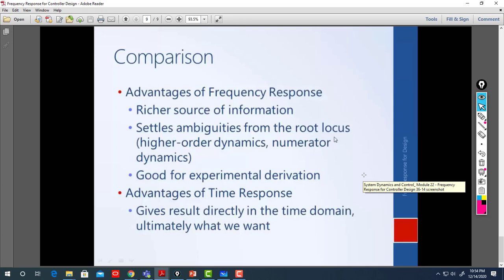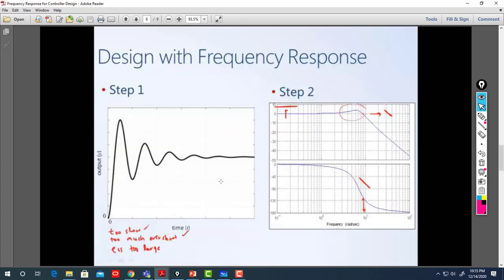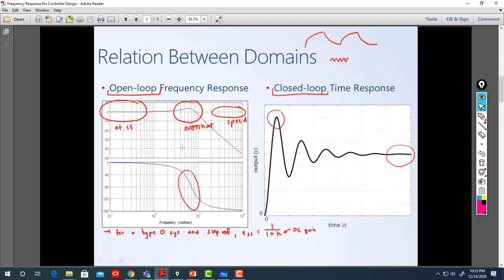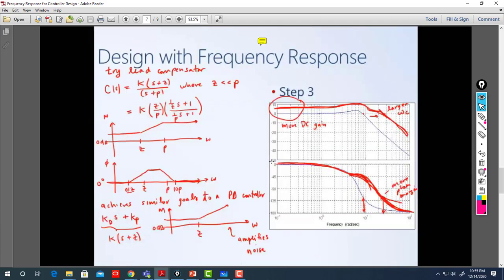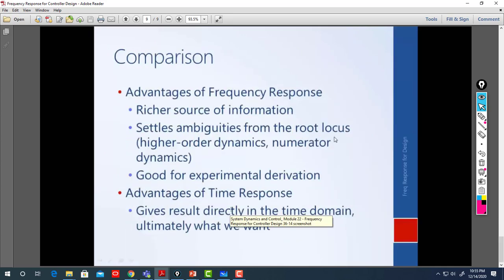If you want to experimentally find the model of any system, I directly recommend frequency analysis to get its transfer function. But the advantage of time response is that it gives the result directly in the time domain, so you don't need to do this translation between both, because it gives you directly the result in the time domain, which is what we actually want.